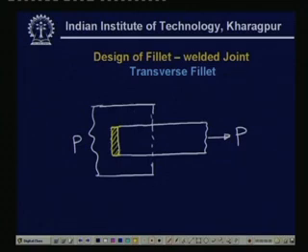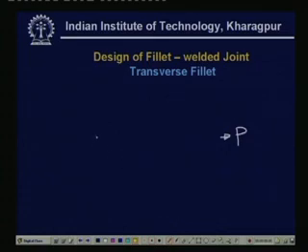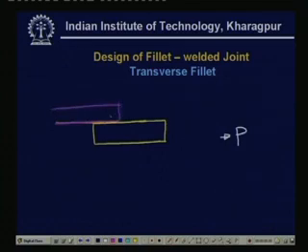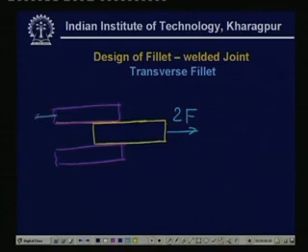Now, if you look at the cross section, it will be something like this: this is one plate, these are the other two plates, and we apply a force F here, this will be taken as F and F, and the weldment is here and there. So, this is the welding.